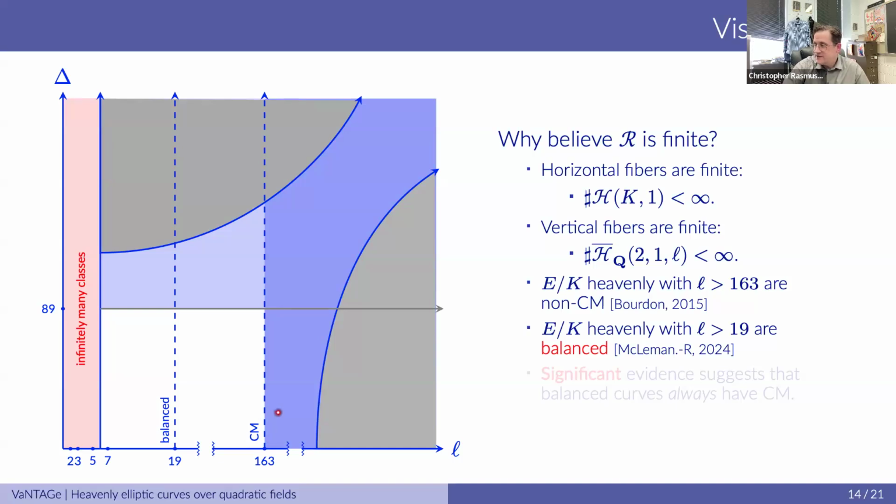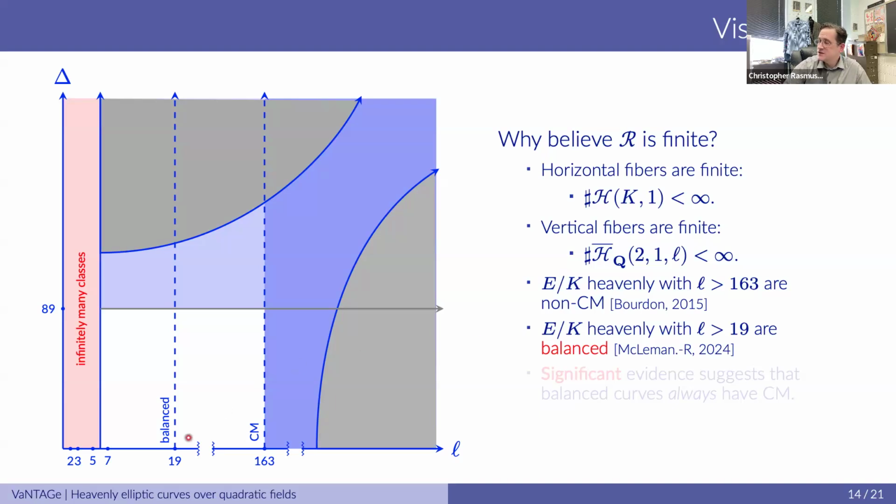On the other hand, Cam and I, when we were studying heavenly elliptic curves and abelian varieties more generally, found this property that I'll explain in more detail in just a moment, which I'm calling balanced. It has to do with the structure of the L torsion as a group scheme. That has to be satisfied uniformly just based on the prime alone.